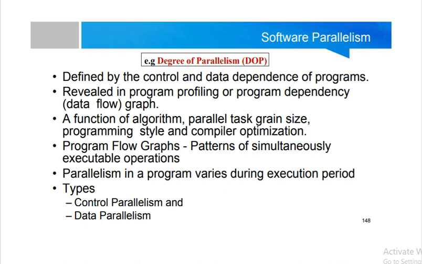That means it displays the patterns of simultaneously executable operations. And software parallelism depends on the algorithm of the program, parallel task grain size, programming style, and also compiler optimization. Software parallelism can be of two types, control parallelism and data parallelism.